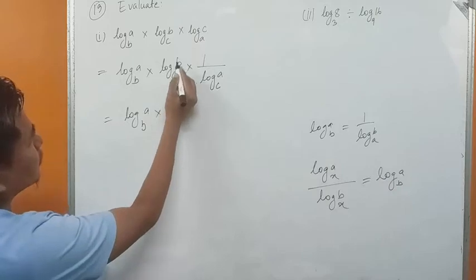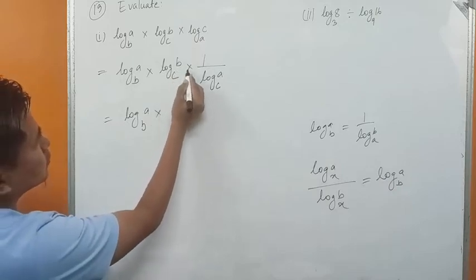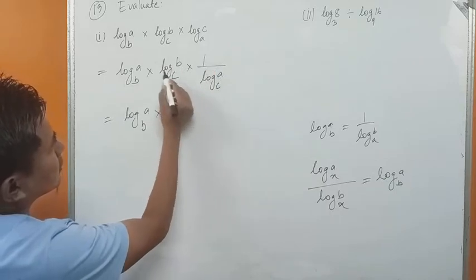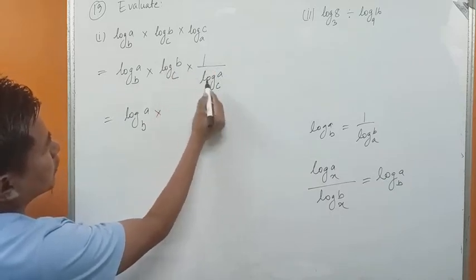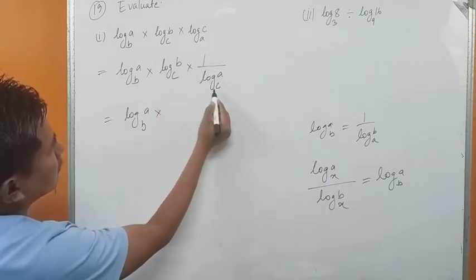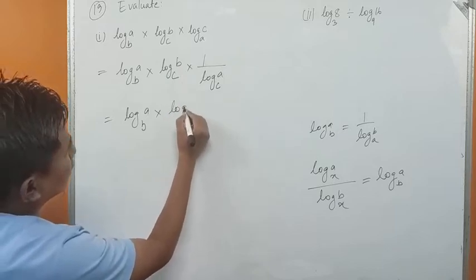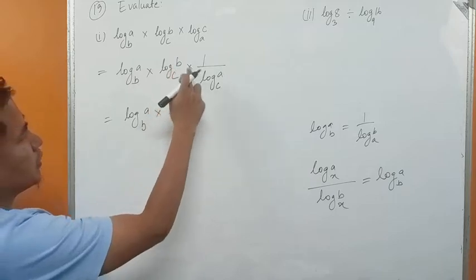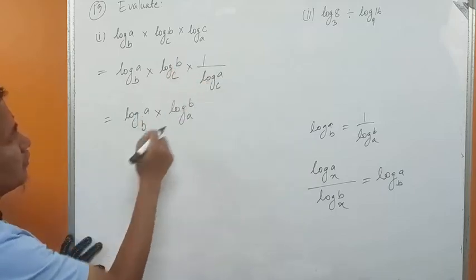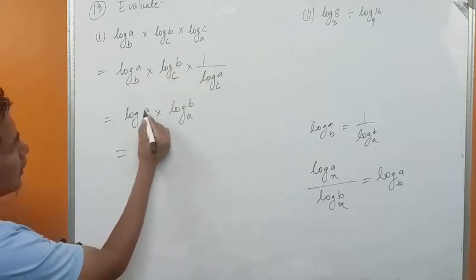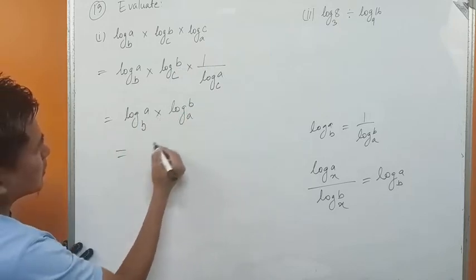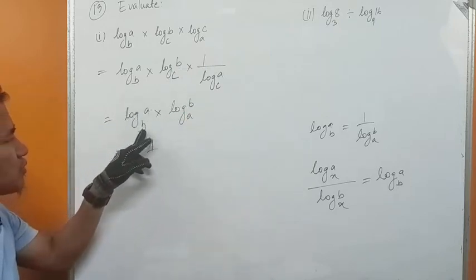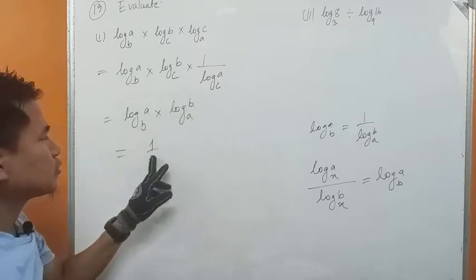So log b to the base c upon log a to the base c, the bases are equal, means log b to the base a. So this is log a to the base b into log b to the base a, which means 1.